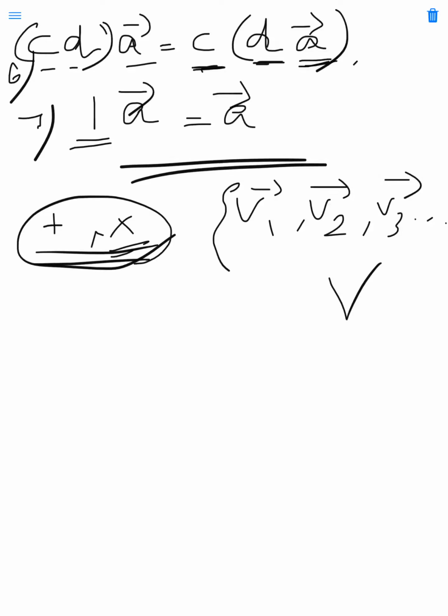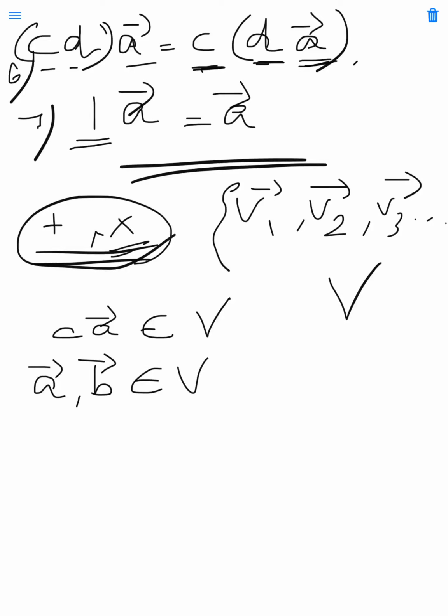And the important property of this vector space is that if a scalar quantity is multiplied with the vector A, then the resulting element should also belong to the vector space. Also, if two vectors A and B belong to the vector space, their addition should also belong to the vector space.